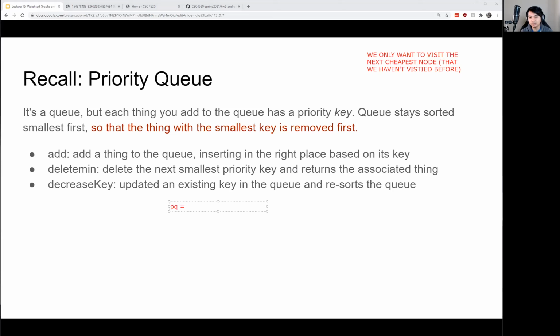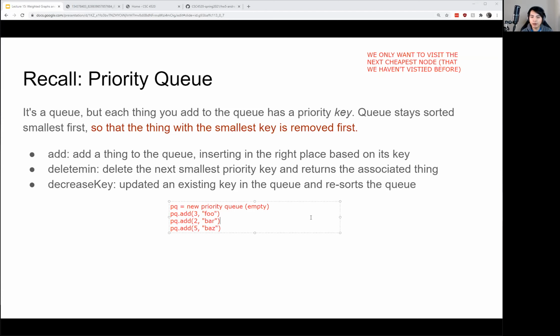So let's say PQ is equal to a new priority queue, which is empty. If we say PQ.add, and the first argument is going to be the key, so let's say we added 3 comma foo, and then we say pq.add of 2 comma bar, and then we said pq.add of 5 comma baz.